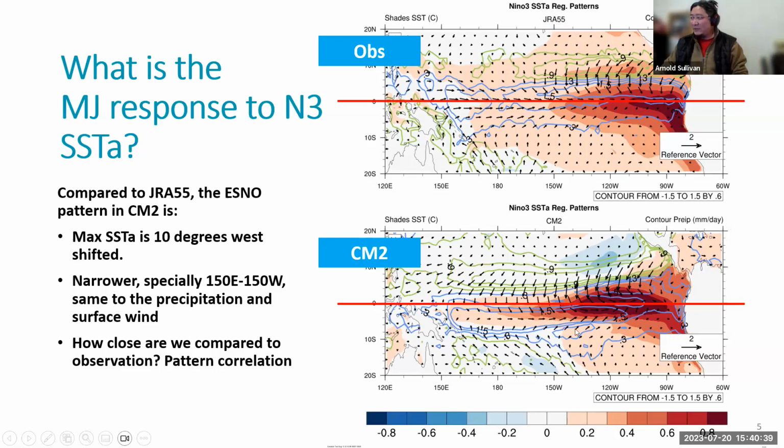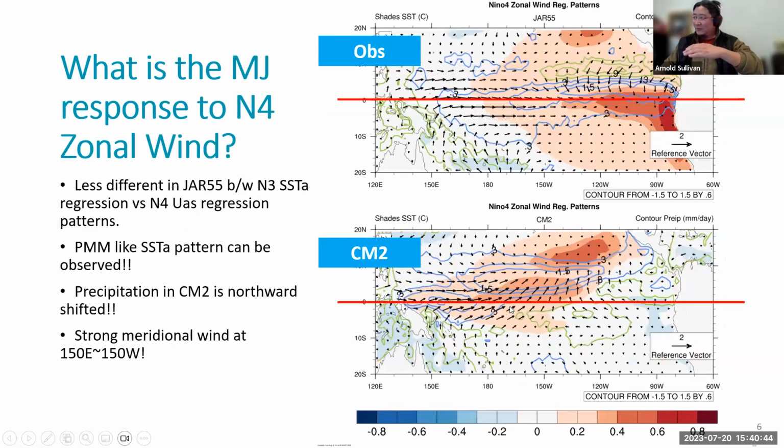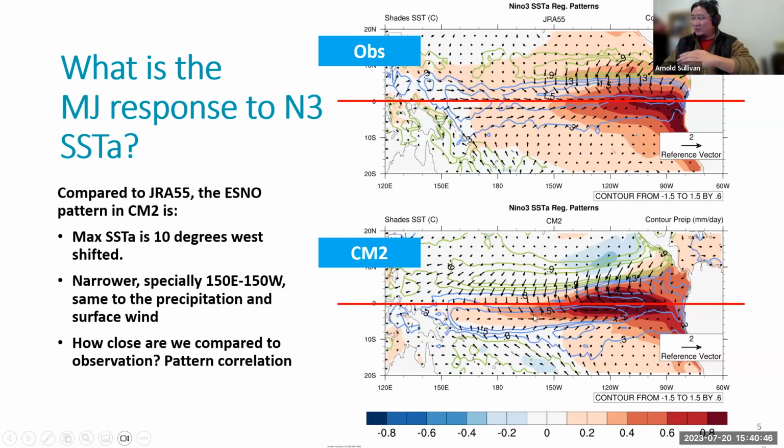Next, the precipitation, the blue curve, is also squashed downward, moved from the center to about a 5 degree southward shift. And the zonal wind also shifts from the equator to about 5 degrees south, and becomes pretty narrow compared to observation.